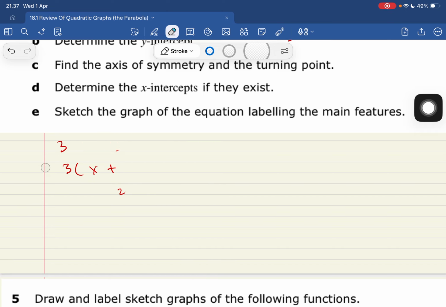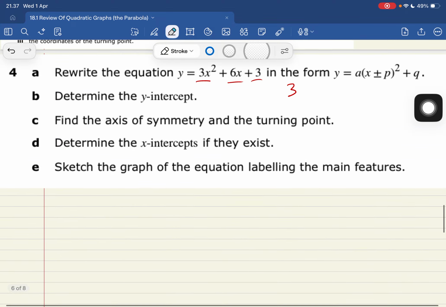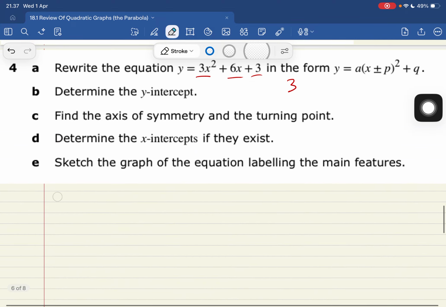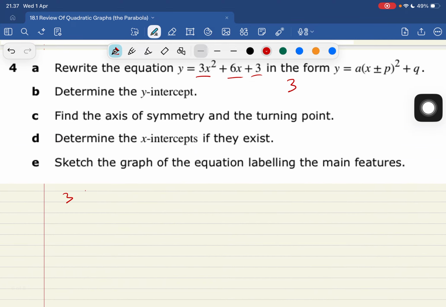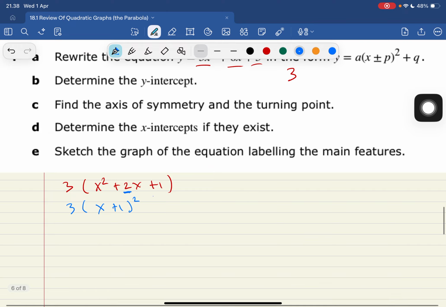We could simplify it all. So 3 multiplied by x squared plus 2x plus 1. Then 3 times x, half of the 2 is 1, so plus 1, squared. So what is the extra that we don't want?